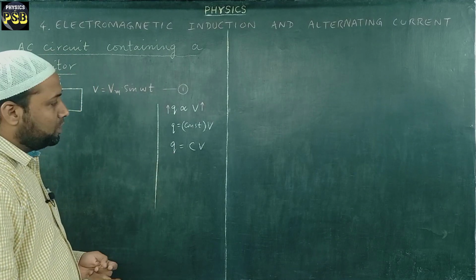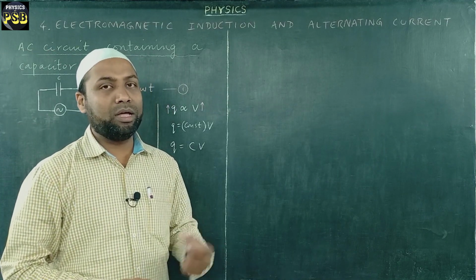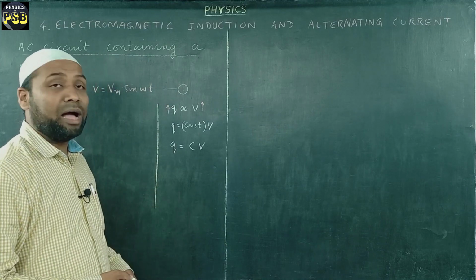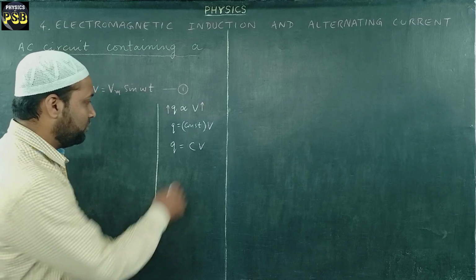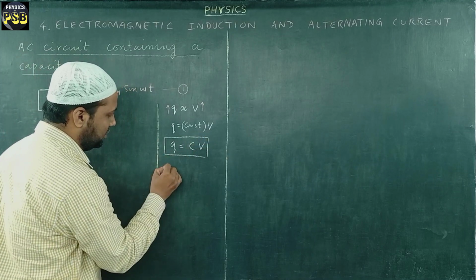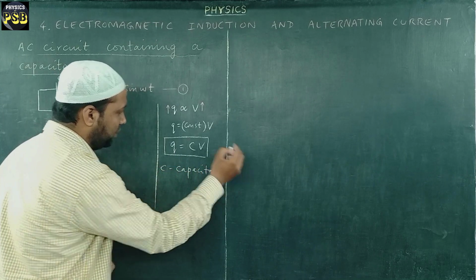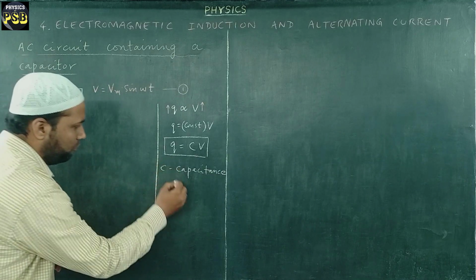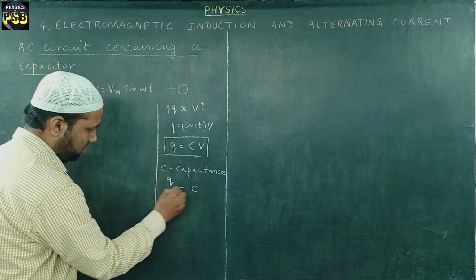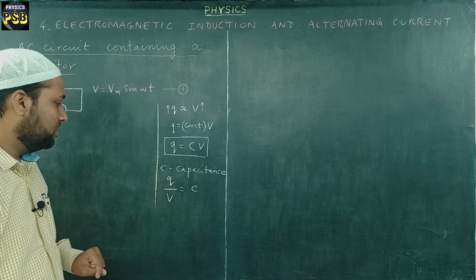It tells us the capacity of a capacitor to hold charge, that is, how much charge a capacitor holds. So from this, if we cross multiply, the value of C is obtained to be equal to the ratio of charge and voltage, Q upon V.